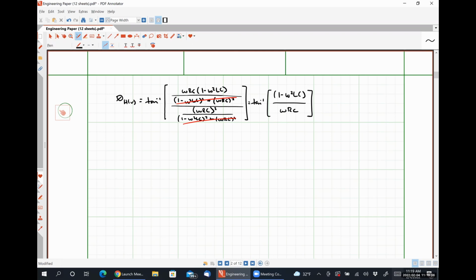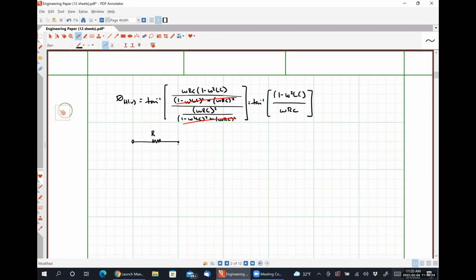So let's look at another circuit then. Still just going to be a series RLC circuit for all intents and purposes. In the last circuit, we took the voltage drop over the resistor.